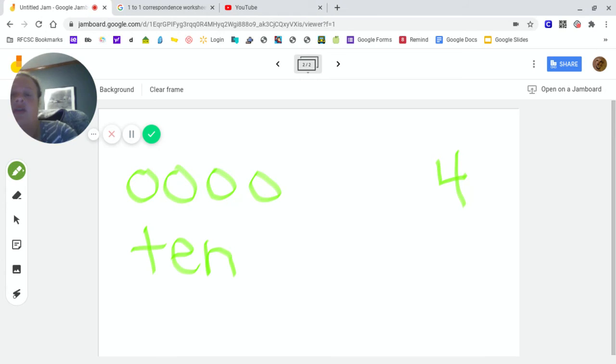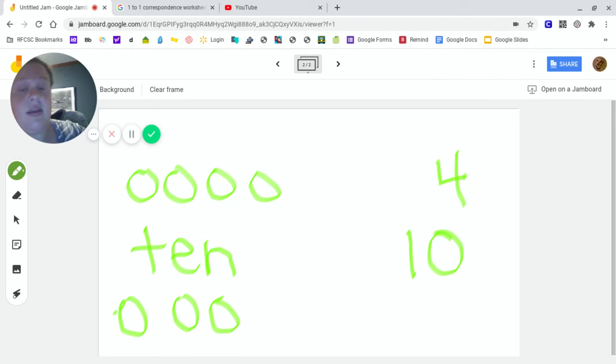Well, I need the number to correspond to that to be the same, so I'm going to write the number 10. Let's see, what if I do 3 circles, and it corresponds with the word 3.